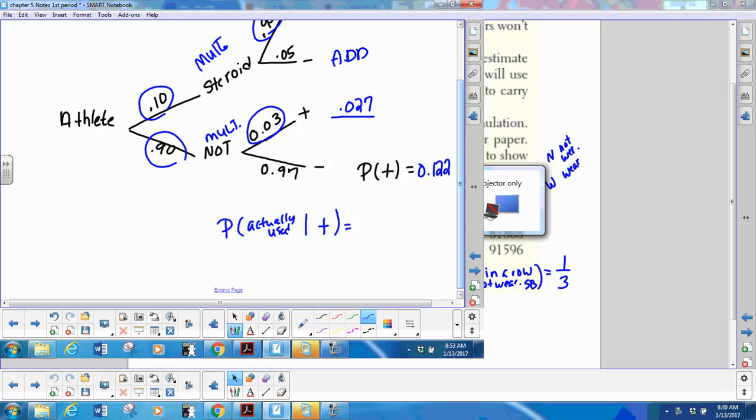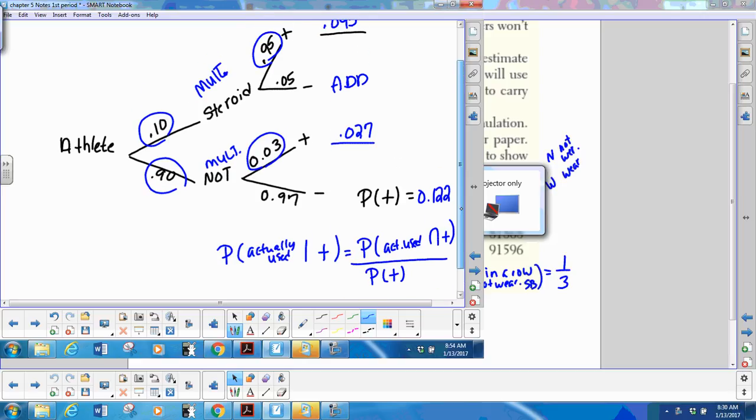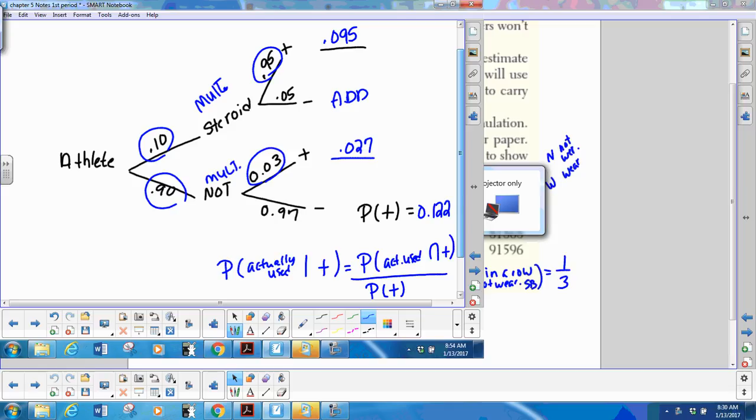So the conditional formula says you take the probability of actually using and testing positive over the probability of testing positive, which we just found, which is nice. And the intersection of testing positive and actually using.